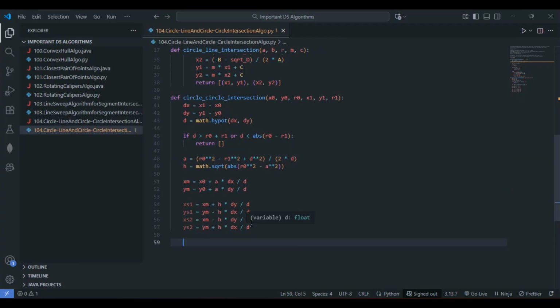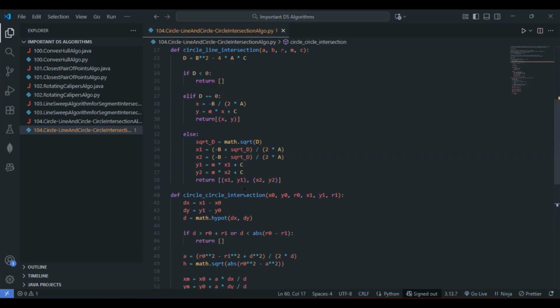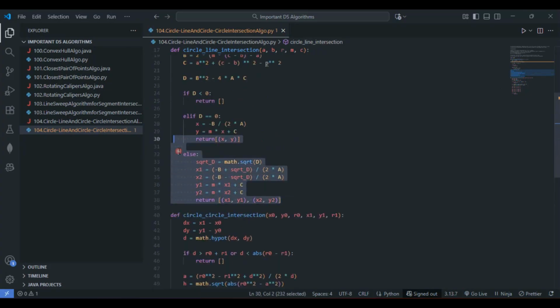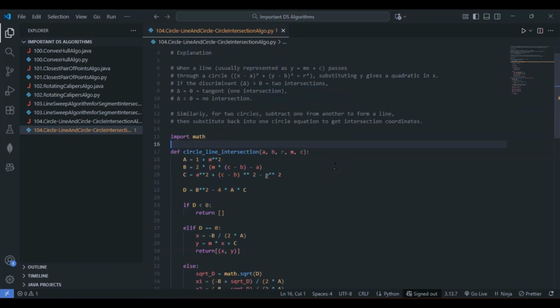Further, we have to go with a tangent circle when h is equivalent to 0, right? So if h is equivalent to the value 0, then let me return the tangent circles. This is exactly similar to the same. For the two circles, we subtract one from another to form a line, then substitute back into one circle equation itself to get the intersection coordinates.